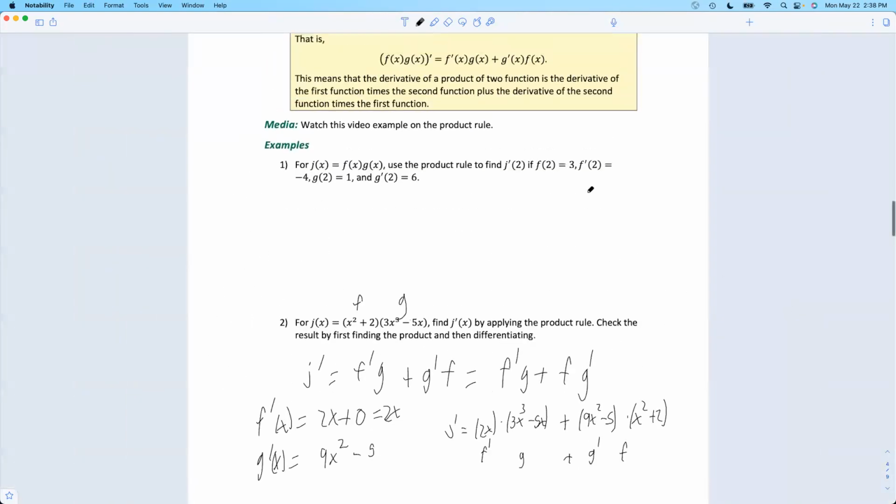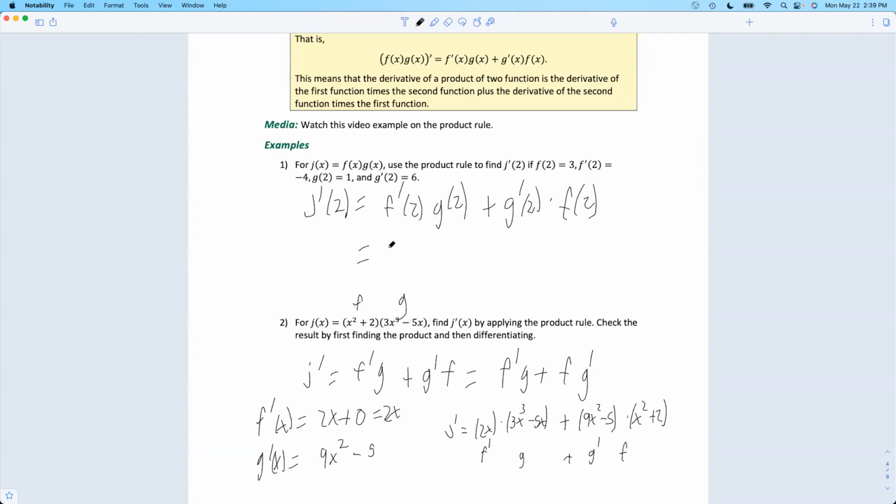Okay, let's do that with some numbers. So J prime evaluated at 2 would be F prime at 2 times regular G at 2, plus G prime at 2 times regular old F at 2. All right, so now we just find all of these.